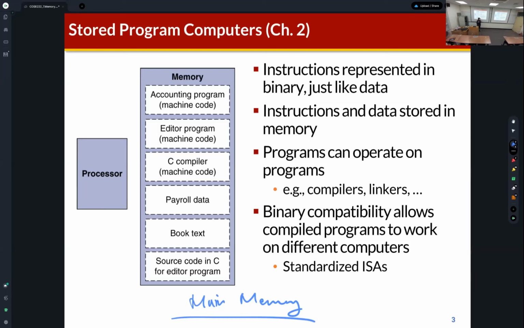Then the processed data is stored to the main memory, right? That's how our programs work in computer systems. I believe you understand that all of our data is stored in the main memory.